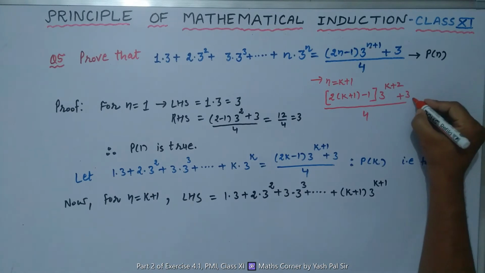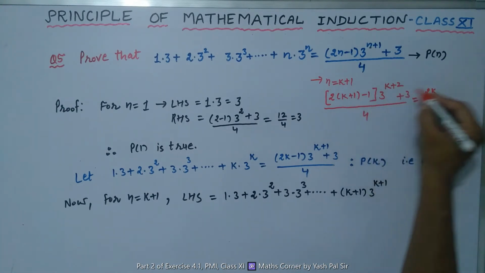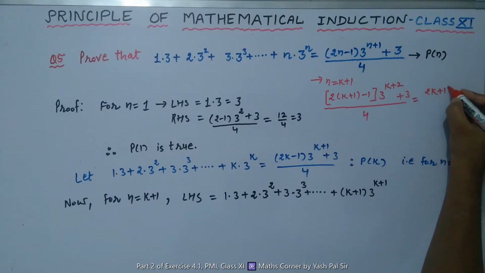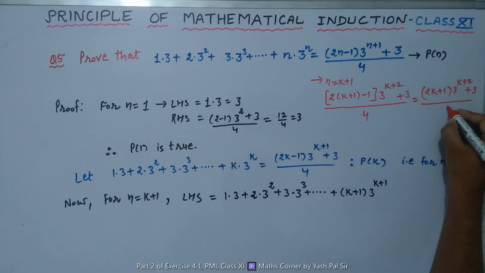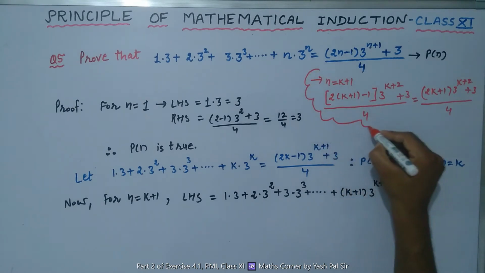Which can be written as (2k plus 2 minus 1) plus 1, into 3 raised to power k plus 2, plus 3, whole divided by 4. So this is what we have to prove now.